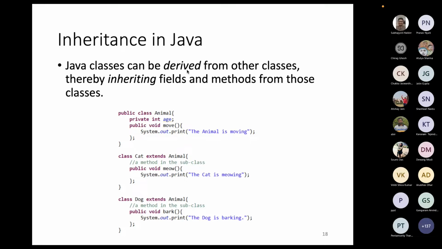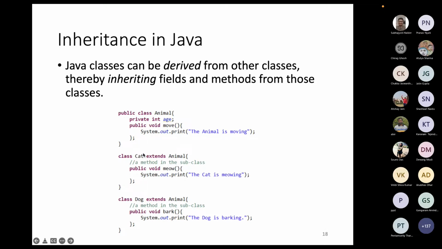The code gets reused by using abstraction of classes. This is the key idea behind object-oriented programming. So let's take a concrete example to demonstrate this.